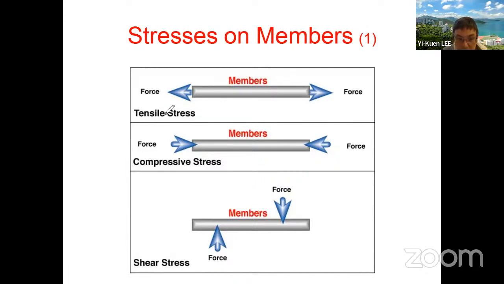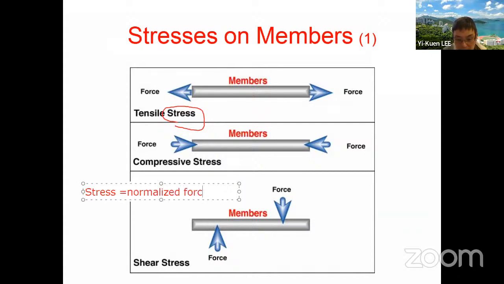I just emphasize this again: stress is a very important concept for mechanical design. Stress basically is a normalized force.